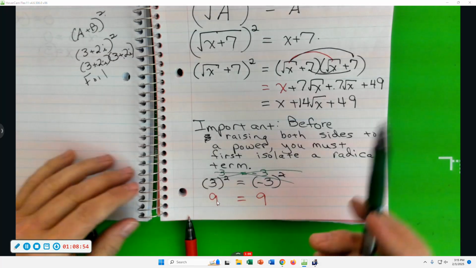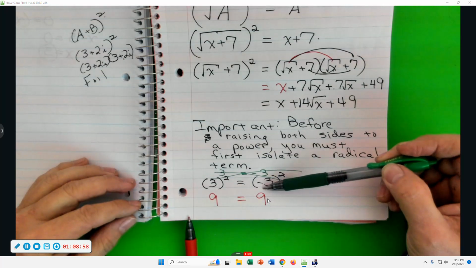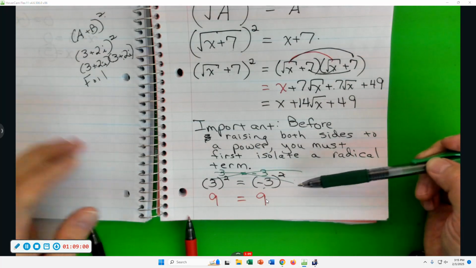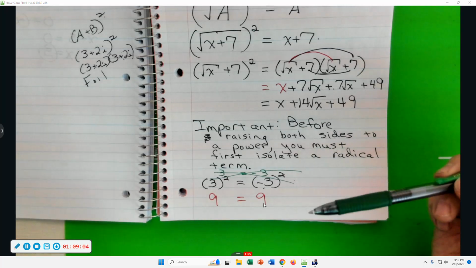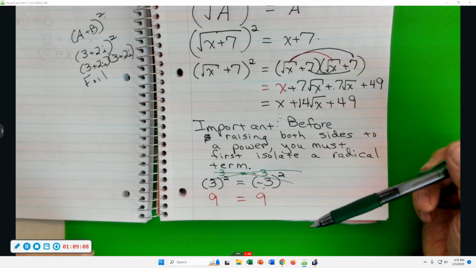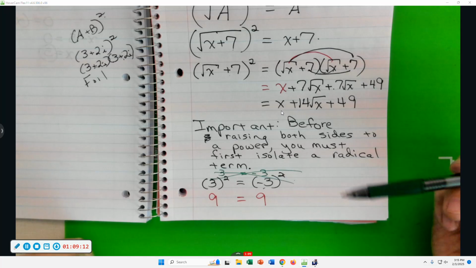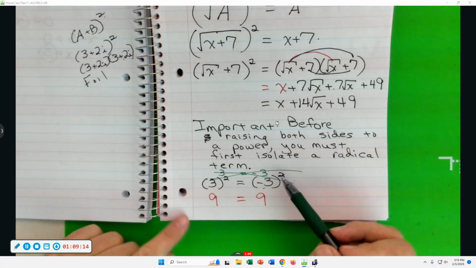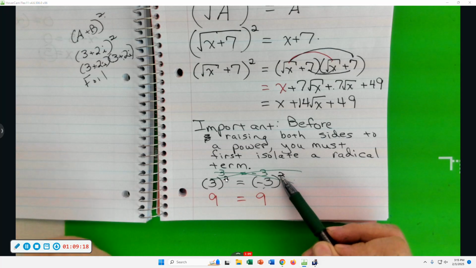Because when you're squaring both sides, you may be taking something that's negative and accidentally changing it so that it's positive. So once you're through solving the equation, you're going to have to verify that if you plug those numbers in, the left side equals the right side.